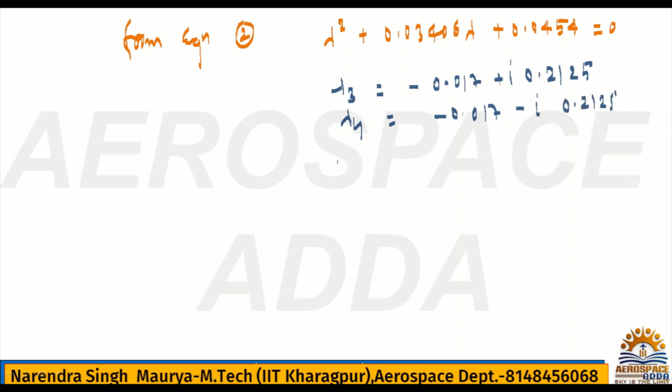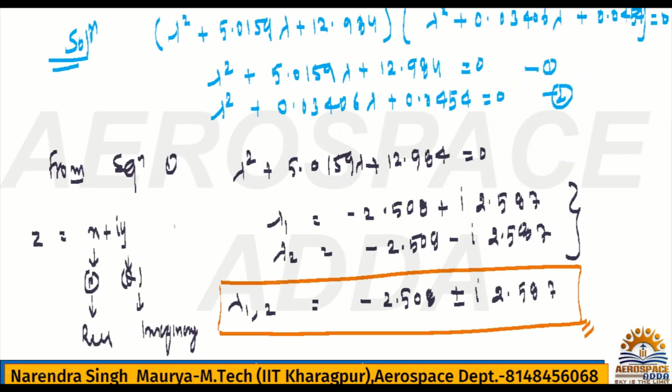Or you can write lambda 3,4, two roots you got from this equation, as minus 0.017 plus minus i 0.2125. You got two roots here, lambda 3 and lambda 4. And how many roots here? Again two roots.